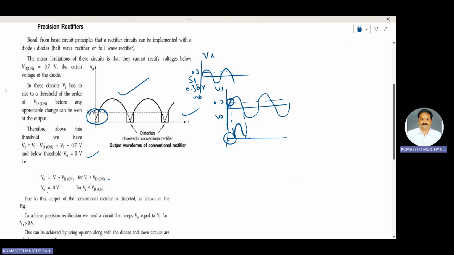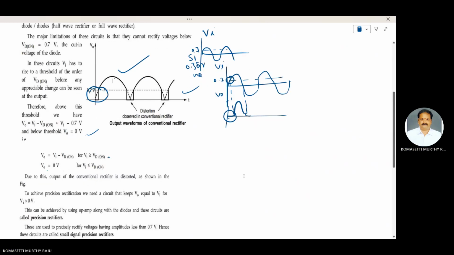This is the distortion. Below this 0.7 volts, rectification is not done. Above this 0.7 volts, rectification is done in conventional rectifiers.